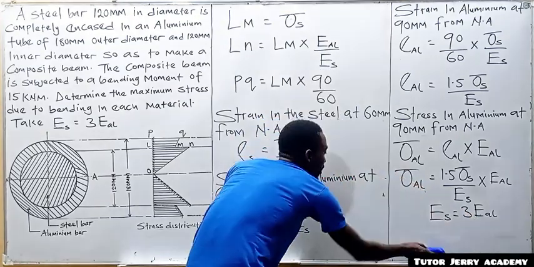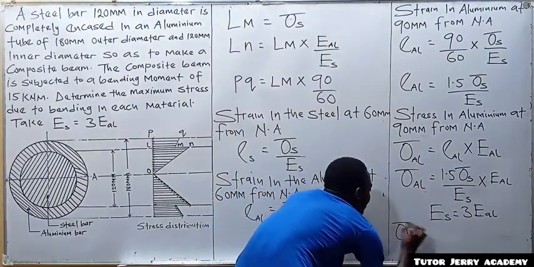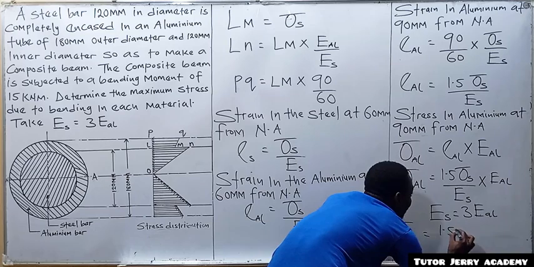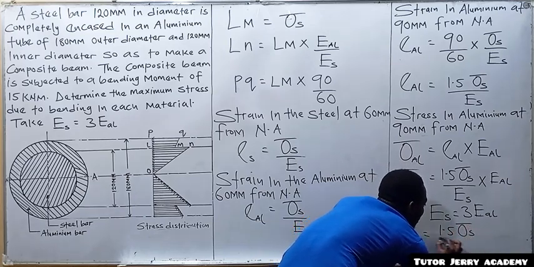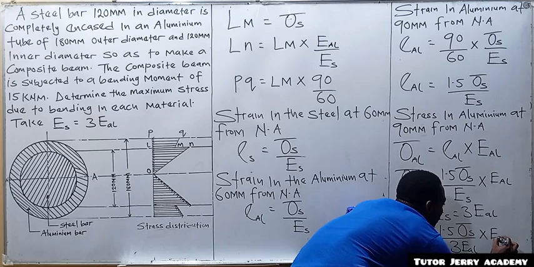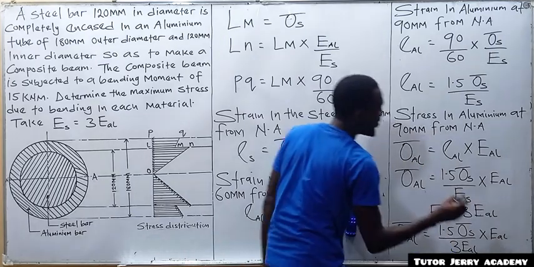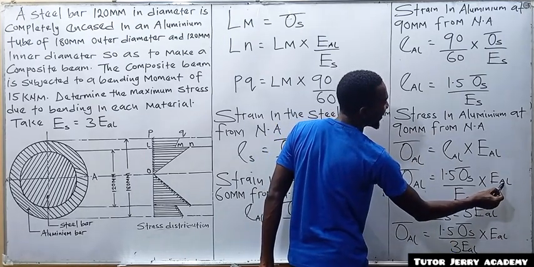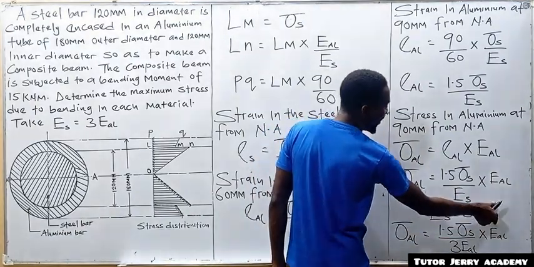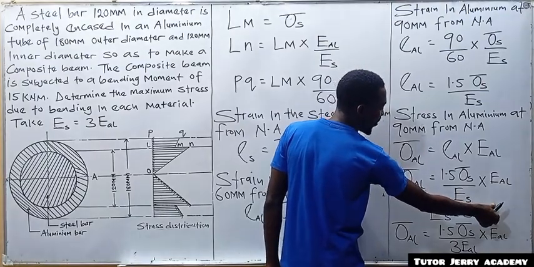If we substitute that, we now have the stress in the aluminium equal to 1.5 times the stress in the steel all over 3 E_A, then multiplied by E_A. Never mind whether I use a capital A or a small a, they are the same thing, the modulus of the aluminium.